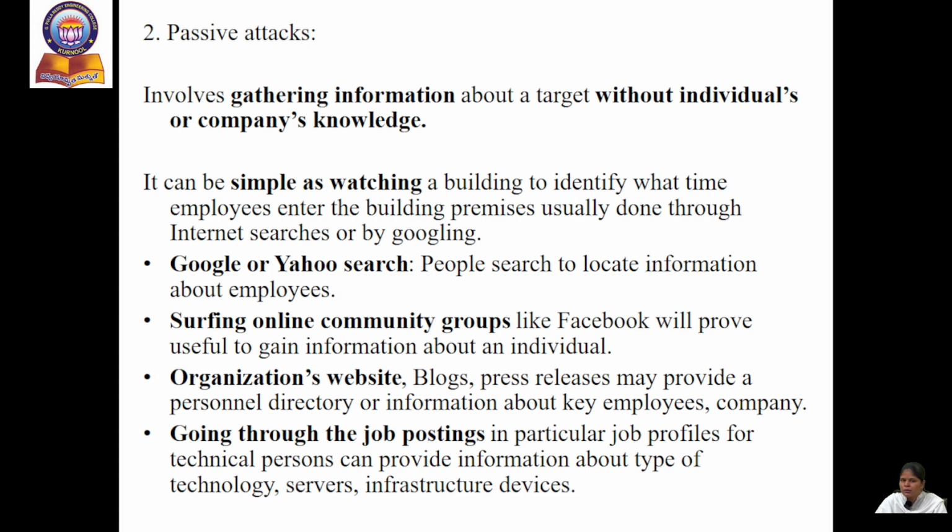The next way he can perform the passive attack is by going through job postings, where he comes to know what skills the victim has. What jobs he is interested in, whether he is interested in relocating or not, and if he is interested, what type of jobs he is searching for, what his domain is, and which skills are best suited for that particular victim.